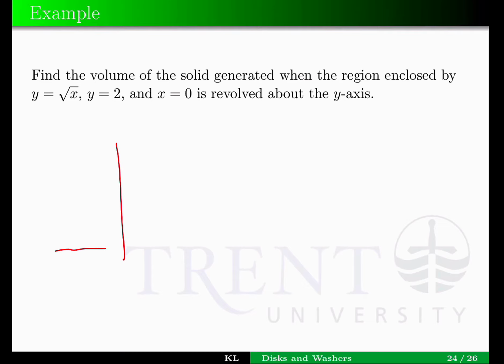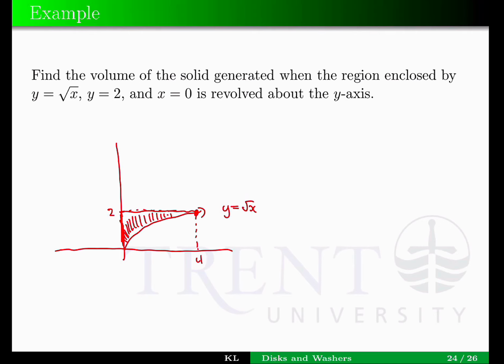So y equals square root of x is something like this. y equals 2 is something like this. And of course, x equals 0 is your y-axis here. So the region is this part here. Of course, this point here is equal to 4.